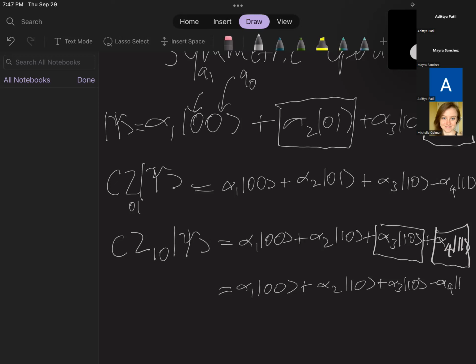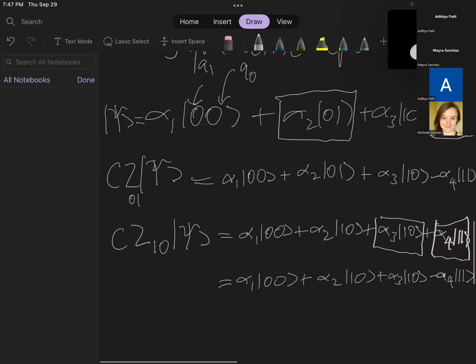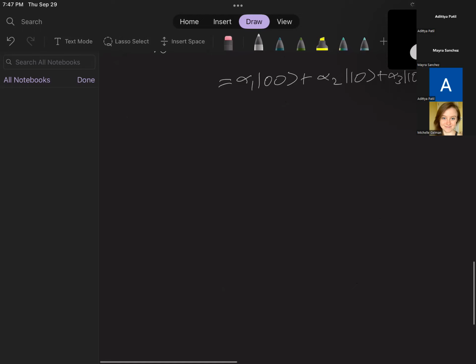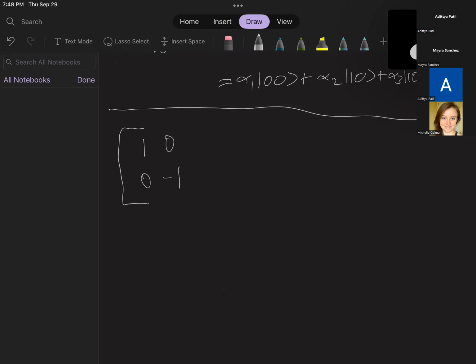Aditya, I don't know if we went over this, but can you briefly show what happens when you apply a Z gate mathematically onto the 0 state, and what happens when you put it on a 1 state? Okay, yeah, sure. Just as a little side note, if we apply the Z gate, that's 1, 0, 0, -1.